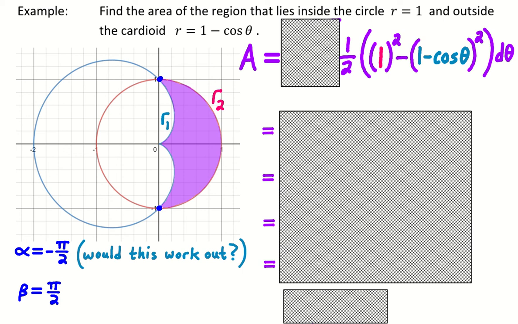If we integrated from negative pi over 2 to positive pi over 2, would that work out? I don't know. You might want to write this down in your own words or however you want.